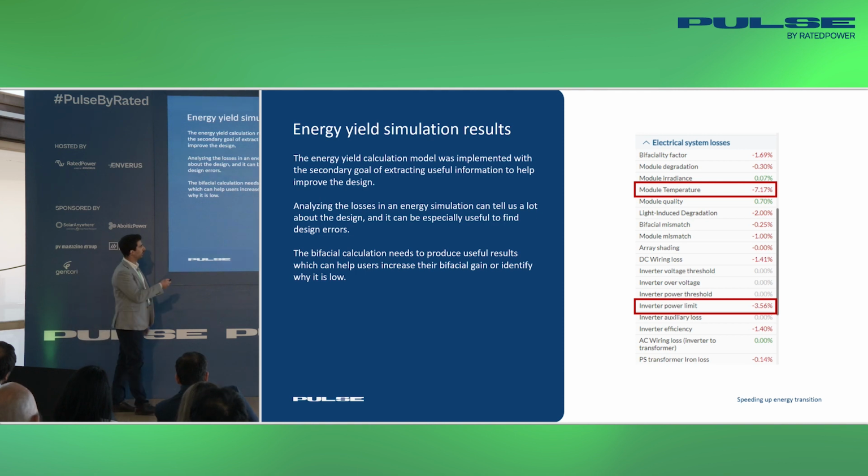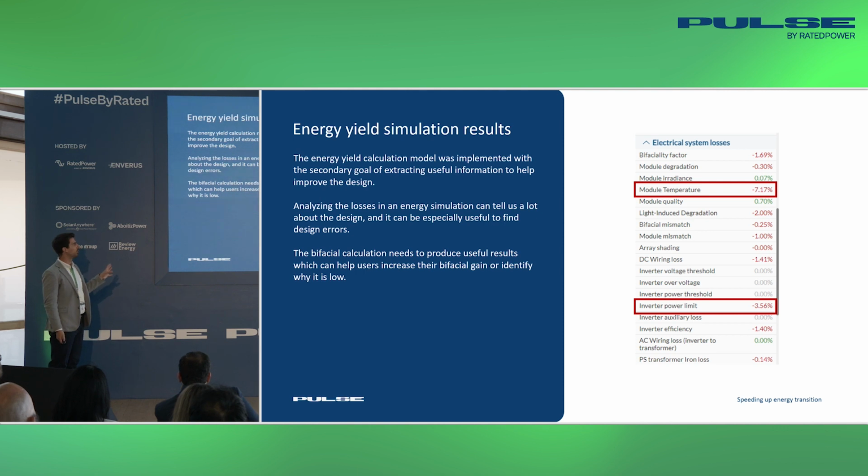Two traditional examples are the module temperature and the inverter power limit. As you all know, inverter power limit probably indicates excessive DC-AC ratio. If module temperature loss is too high, perhaps we need to look into our meteorological data, right? So these are things that we look into.